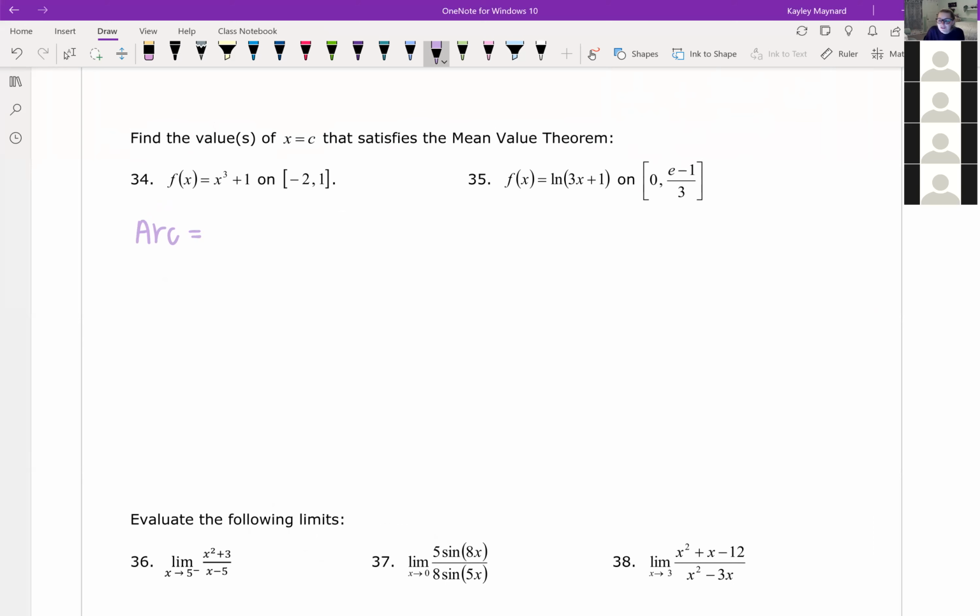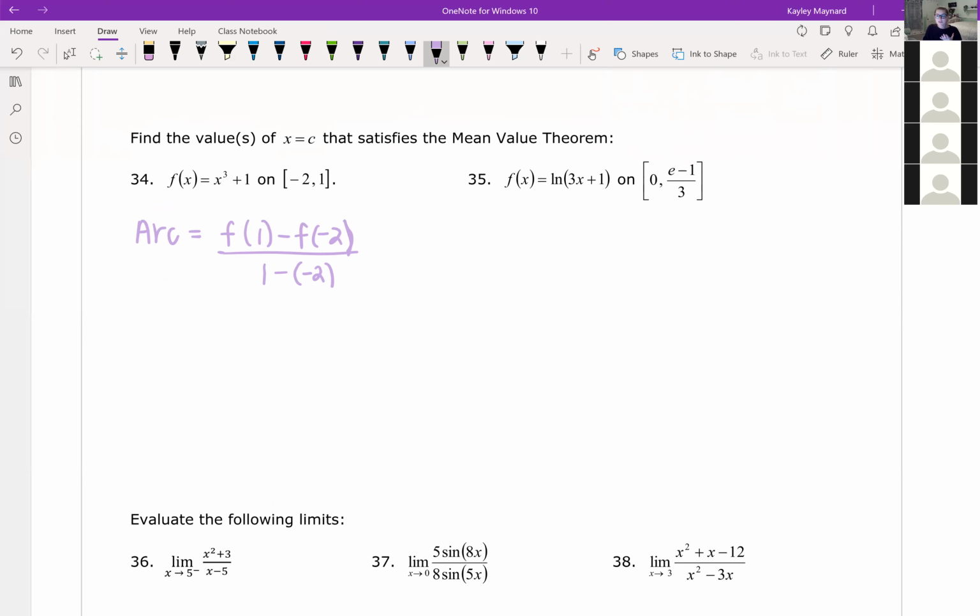Okay, anyways, the average rate of change on this interval is f of 1 minus f of negative 2 all over 1 minus negative 2. Okay, that is the average rate of change.